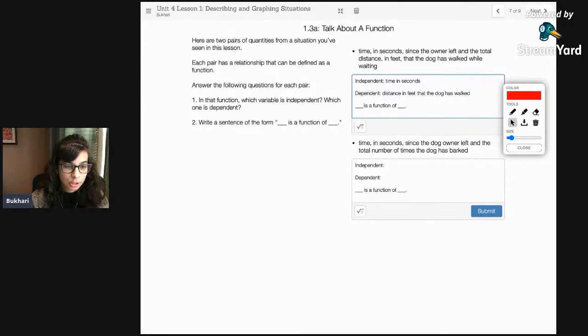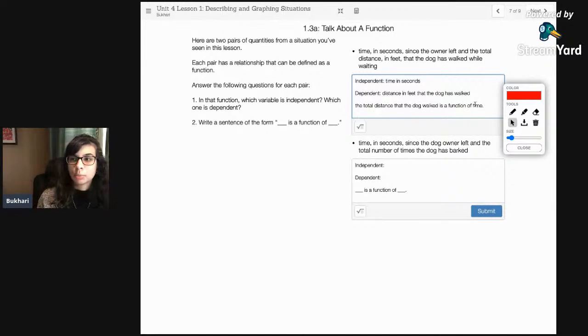And so we know that my dependent variable is a function of, has a relationship to, the total distance the dog walked. Sorry, so the total distance that the dog walked is a function of time.